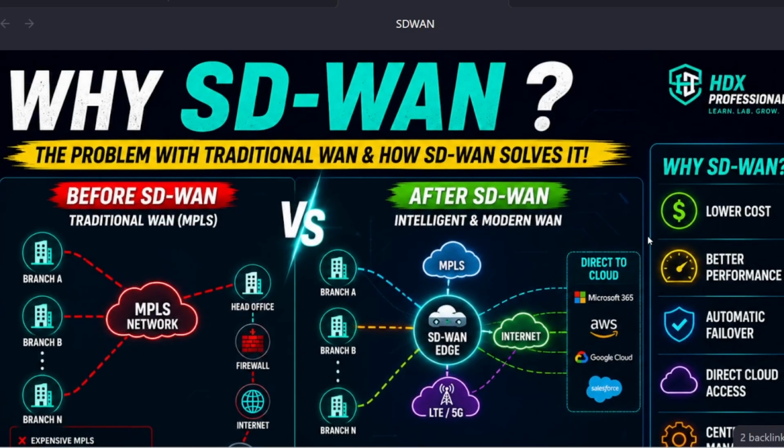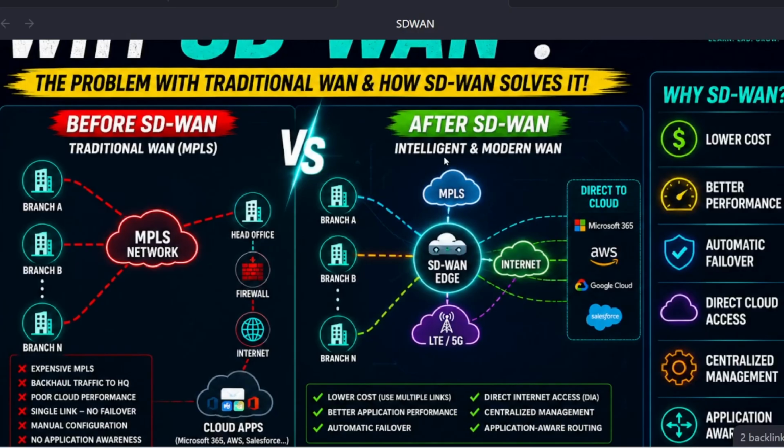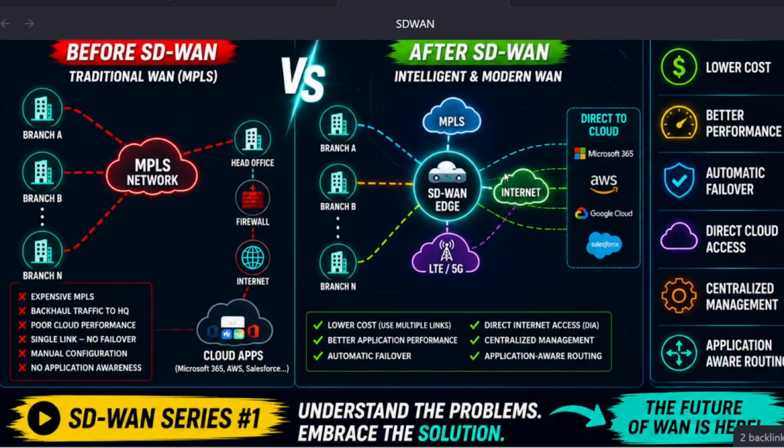But after SD-WAN comes into the picture, it's an intelligent and modern WAN. Here, a lot of branches are there, right? You can configure SD-WAN with MPLS, internet, LTE, 5G, and you can pass that traffic directly to the cloud, like Microsoft 365, AWS, GCP, and Salesforce. What's the benefit of SD-WAN?